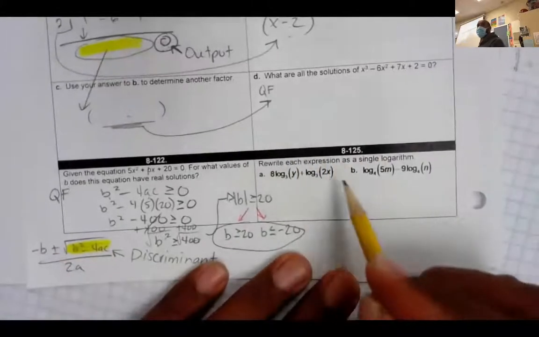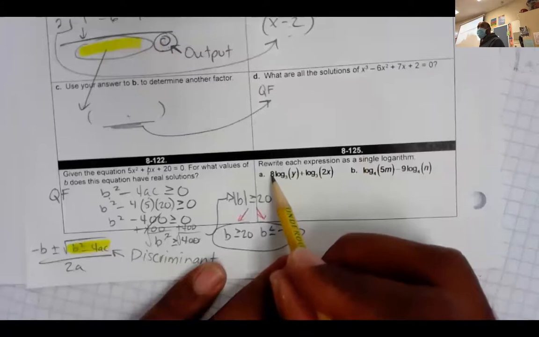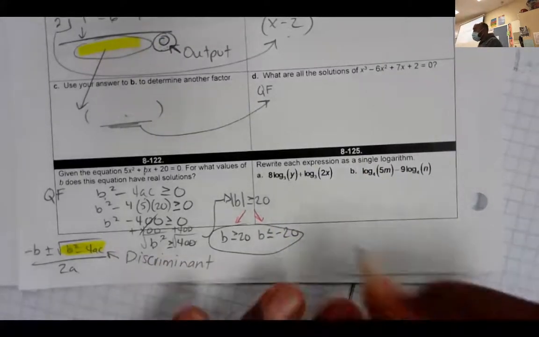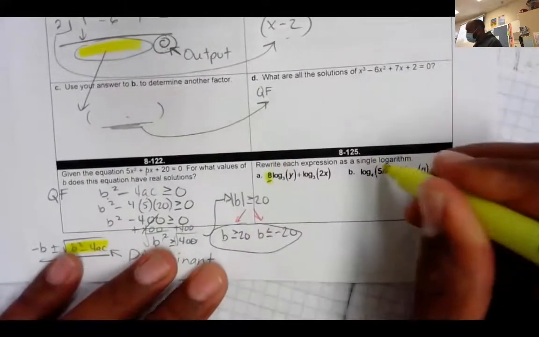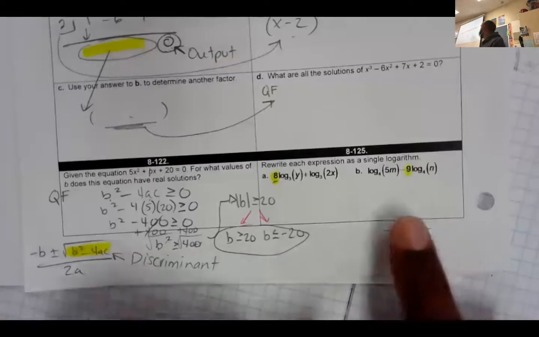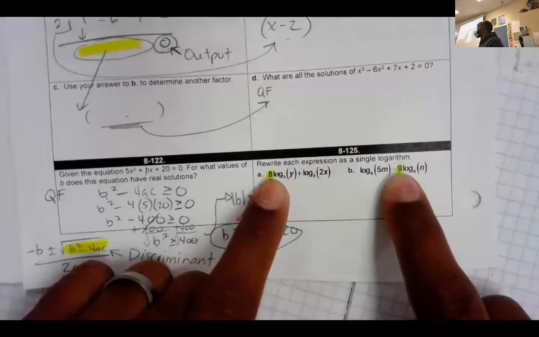Now, this with logs, just a reminder: when you have a problem that's asking you to combine them, to put them together, and you have a number in front, before I put the 2 logs together, I want to take that number in front away. Do you guys know where I can move it to? This number right in the front, this 8 or the 9 here, where can I move that so it's out of the way?